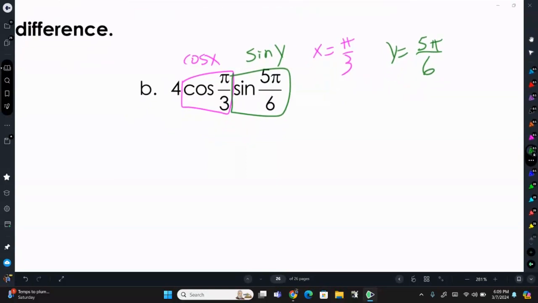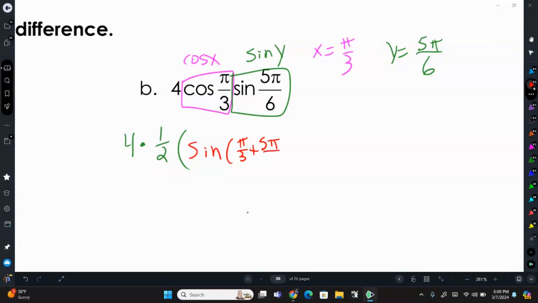All right, so again, that 4 is going to hang out up front, so we have 4 times, the formula says 1/2, and then sine of x plus y, so sine of pi over 3 plus 5 pi over 6, minus the sine of x minus y, pi over 3 minus 5 pi over 6.